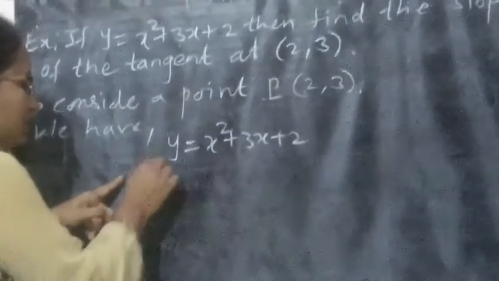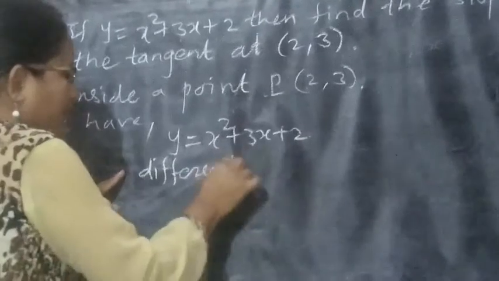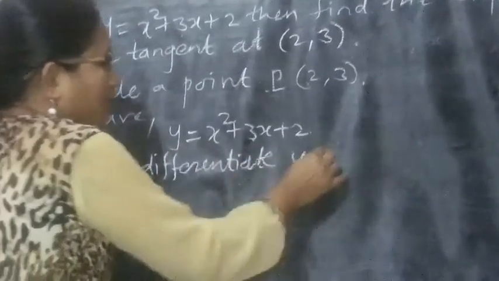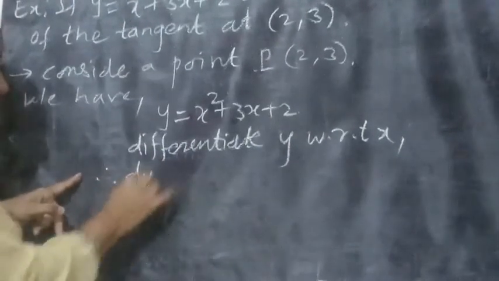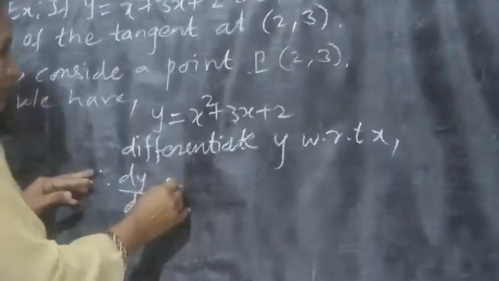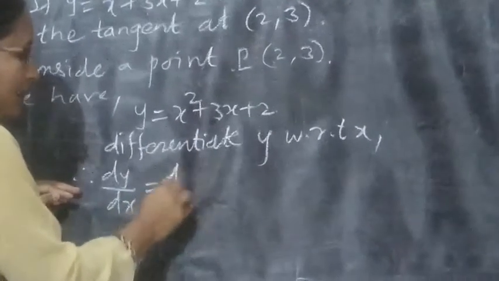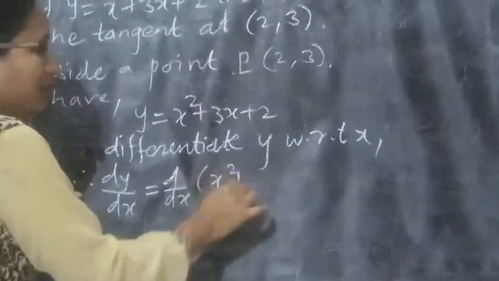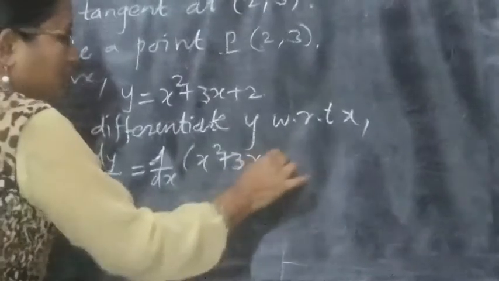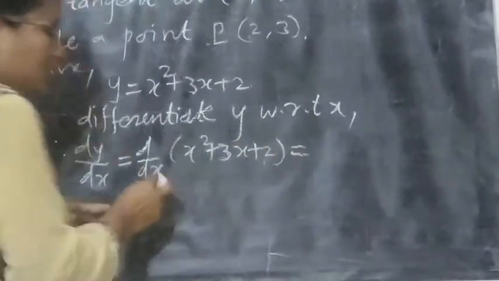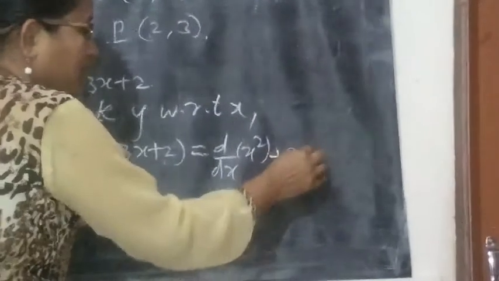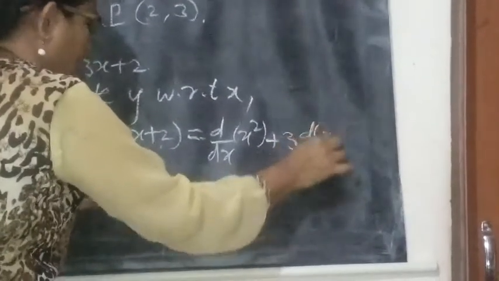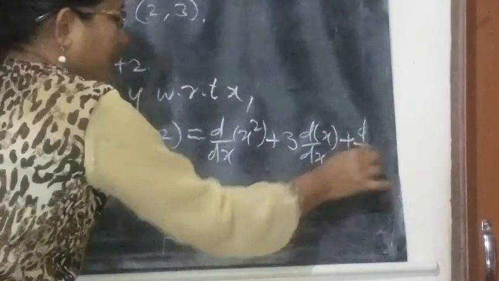Therefore differentiate y with respect to x, and therefore dy by dx is equal to d by dx of x square plus 3x plus 2. So we distribute this derivative to each term: d by dx of x square plus 3, which is constant, therefore 3 d by dx of x plus d by dx of 2.